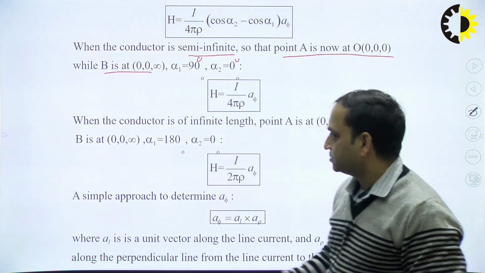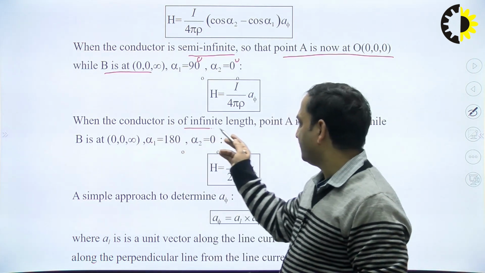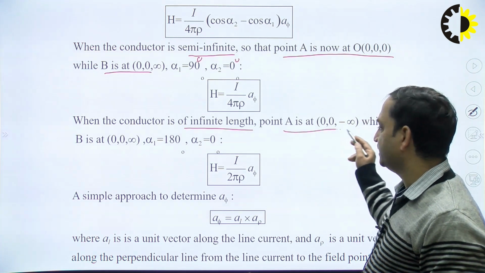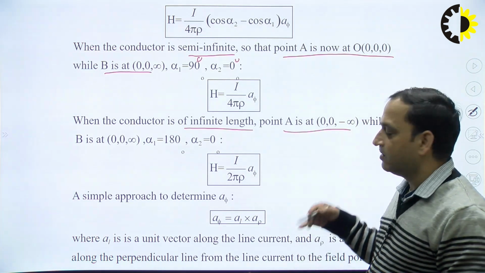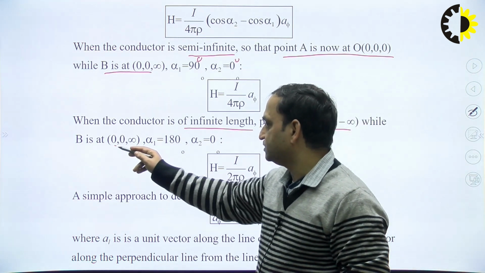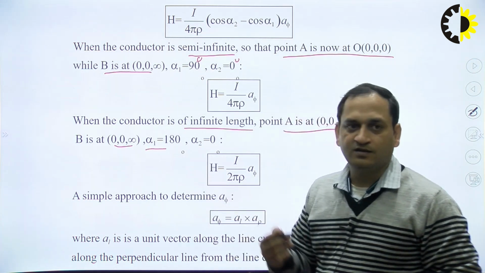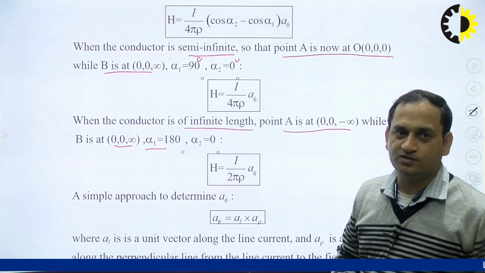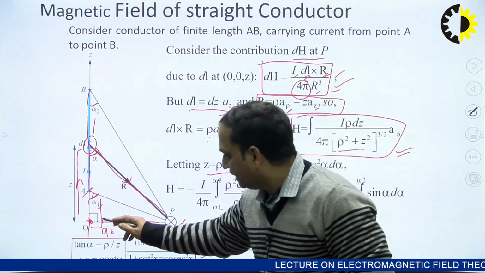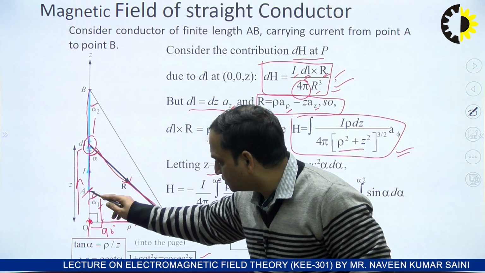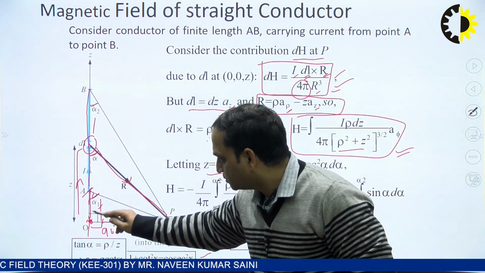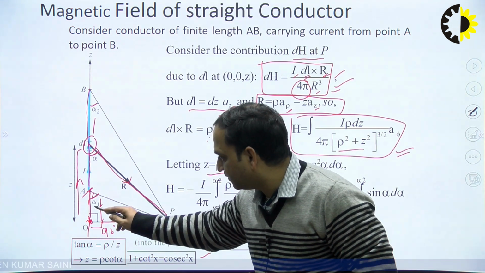Okay, so when the conductor is of infinite length, then point A will be at 0, 0, minus infinity, while B will be at 0, 0, infinity, and alpha 1 will be 180 degree and alpha 2 is 0. So we can see it here. Alpha 1 will be increasing because this A point is coming down. As the A point goes down, alpha 1 value will be increasing.